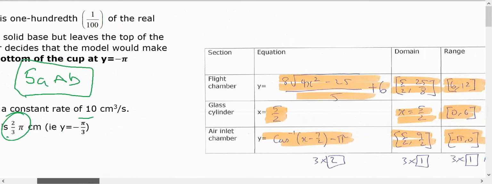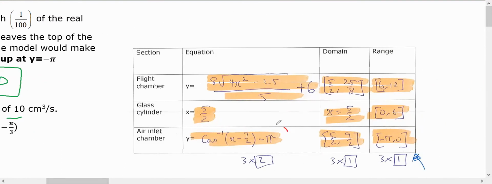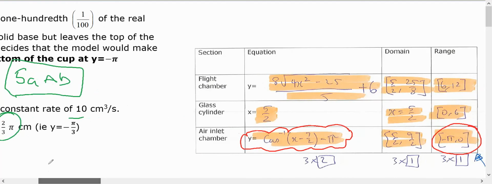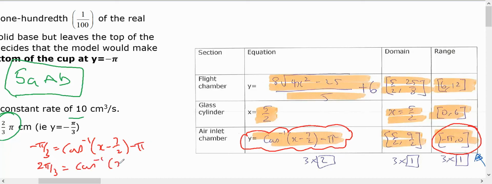And then lifting the answers from the area inlet, this is the rule for the y value according to x for the range going from minus pi to 0. So I've got minus pi on 3 equals the inverse cosine of x minus 7 on 2 minus pi. When I move the minus pi over, I get 2 pi on 3 is the inverse cosine of x minus 7 on 2.